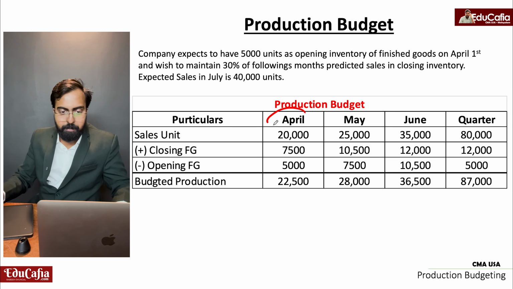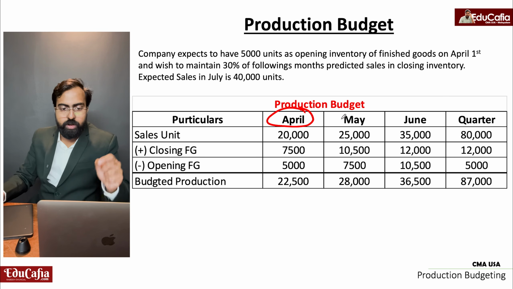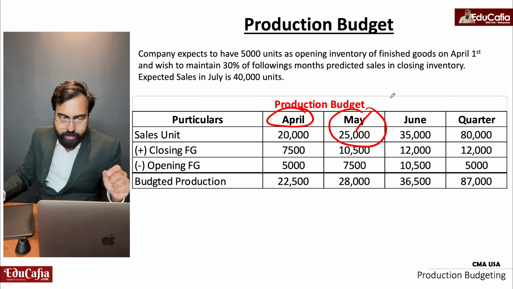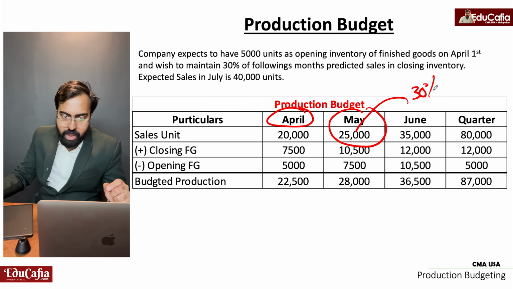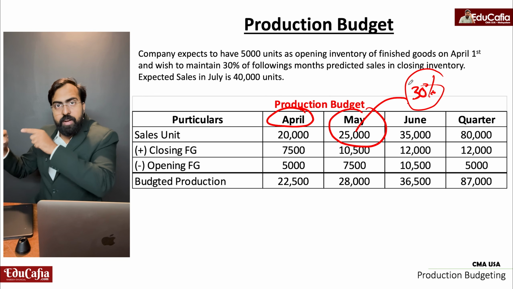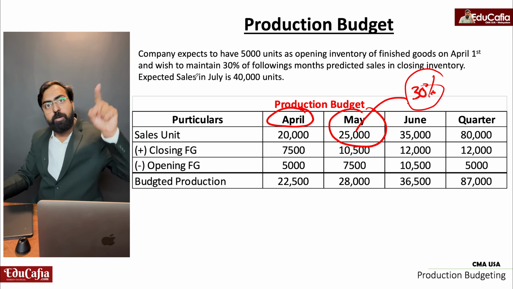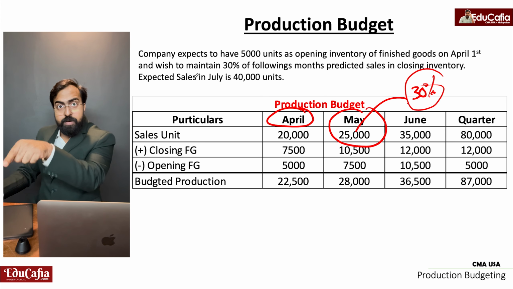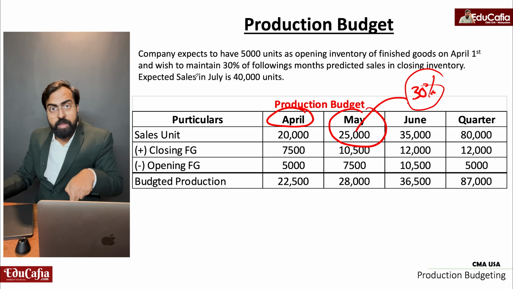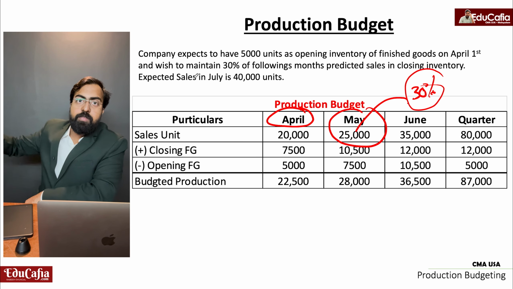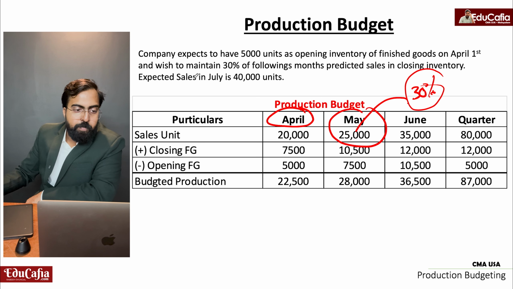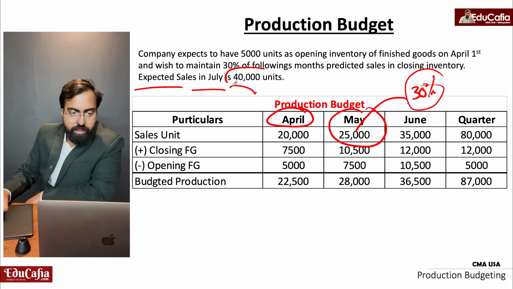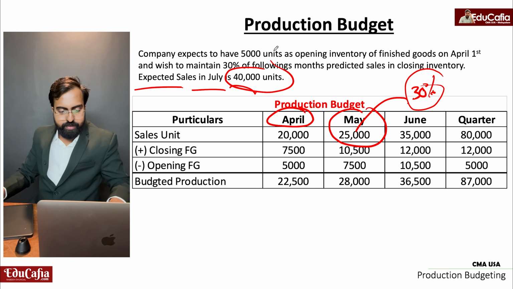While closing April, the store should already have 30% of May's 25,000. That means next month's 30% we have to prepare this month and keep in our store. Expected sales in July are 14,000 units. Keep it there, we will discuss.